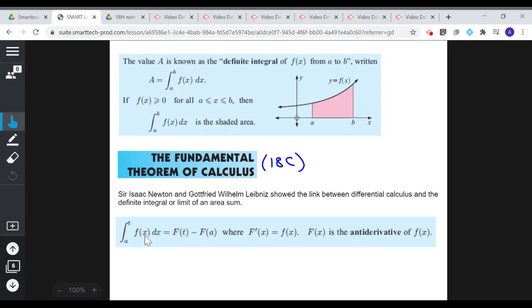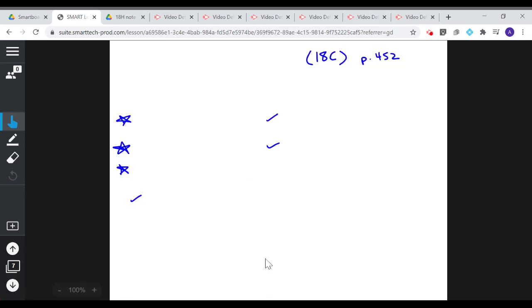So if I take the integral of f of x and then evaluate it at t and evaluate it at a, I will get the value for the area under the curve, or the value, theoretically, of the definite integral.